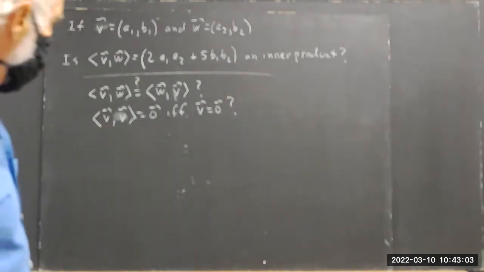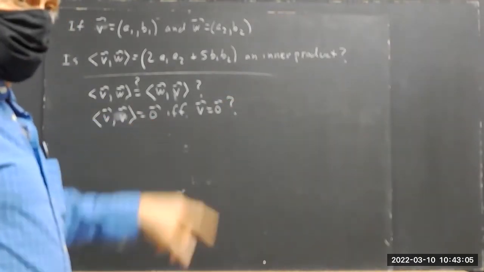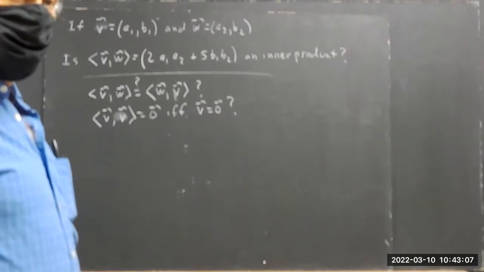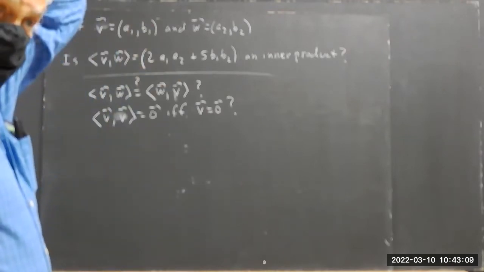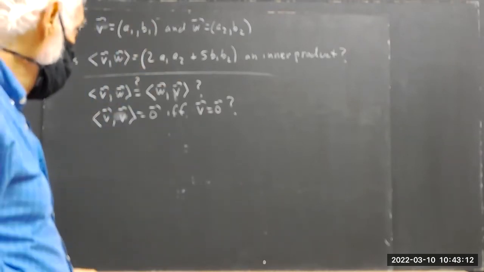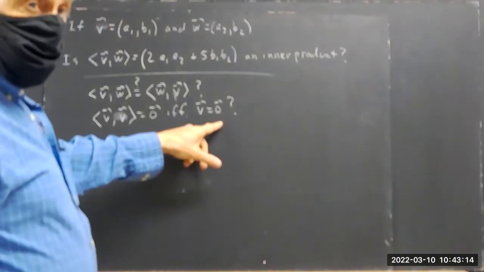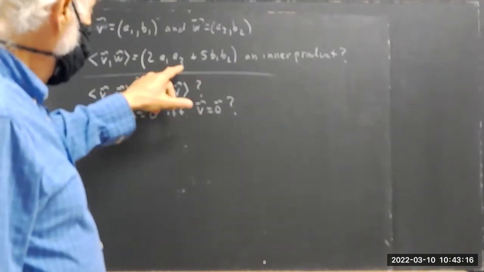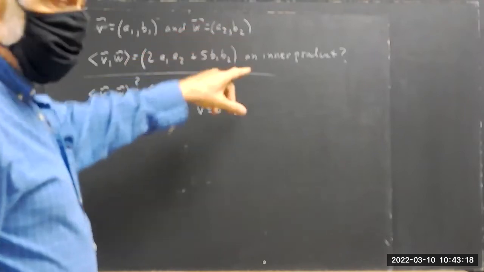Is the inner product of B with B equal to 0 if and only if B is equal to the 0 vector? Well, clearly if B is a 0 vector, you'd have A1 squared and B1 squared, right?